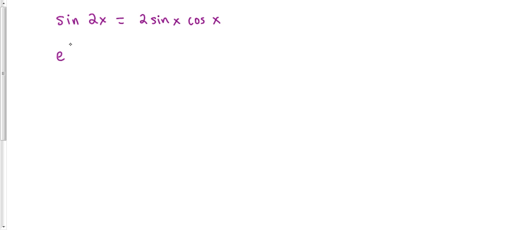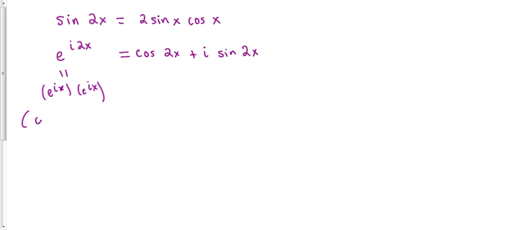So we've got e to the i 2x, and this has to be equal to the cosine of 2x plus i times the sine of 2x. But that's not the only way I can write this. I can also write this as e to the ix times e to the ix. And then I'm going to use Euler's formula for each part.